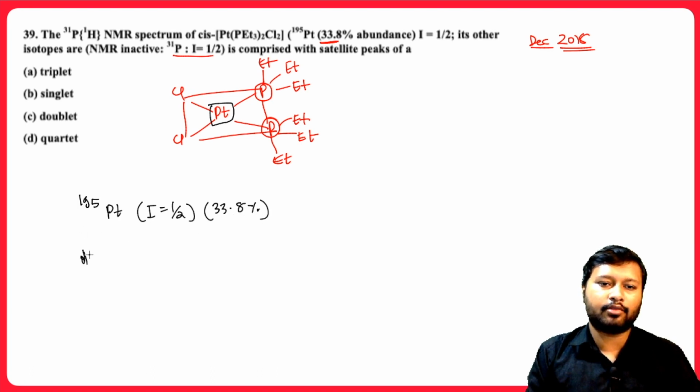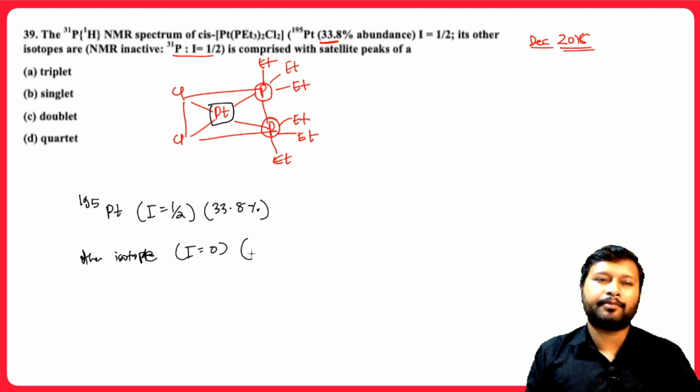The other isotope will have I value 0, and its abundance will be 66.2%.